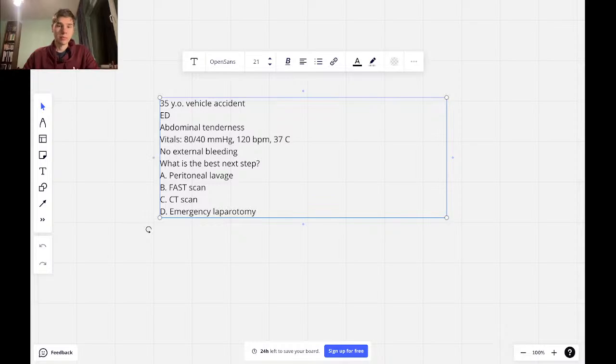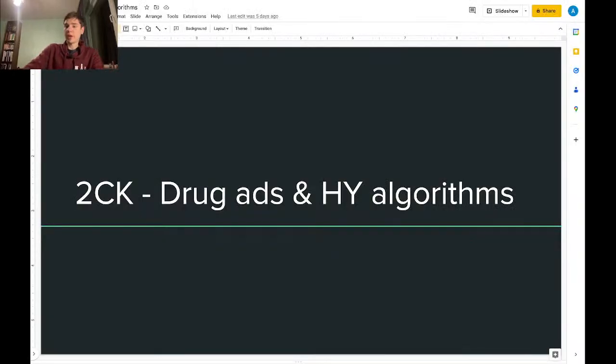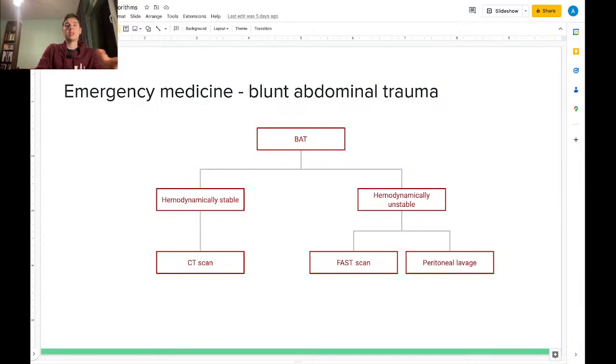Okay, so to have a comprehensive view of what I've talked about before, this is the algorithm that might get tested in the surgical section. Blunt abdominal trauma, then we have to think, is the patient hemodynamically stable or unstable, meaning we just look at the vitals in the vignette.